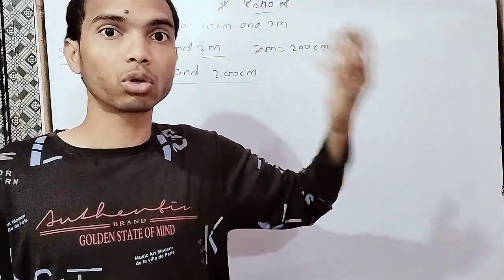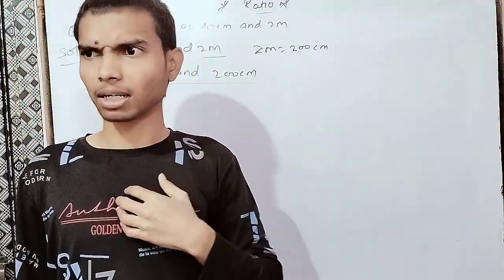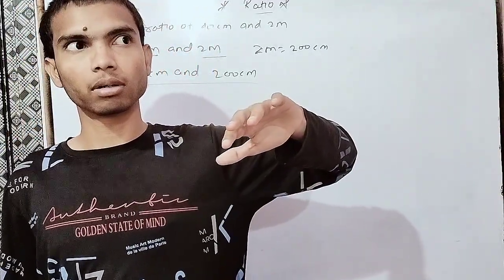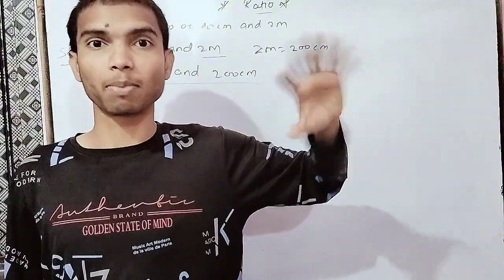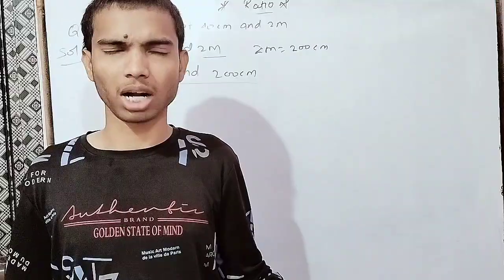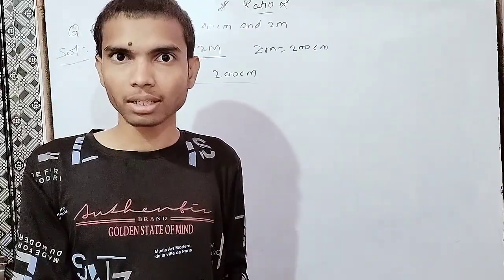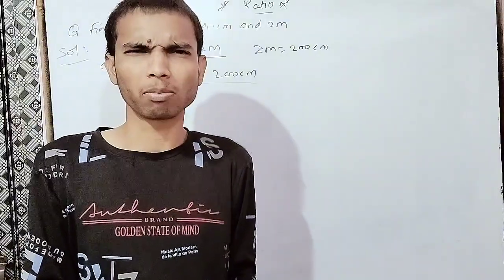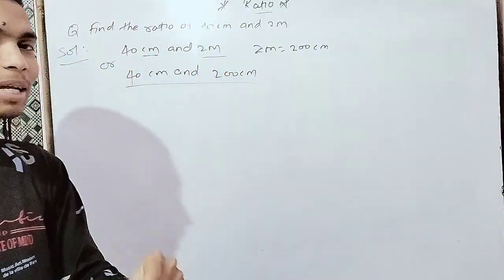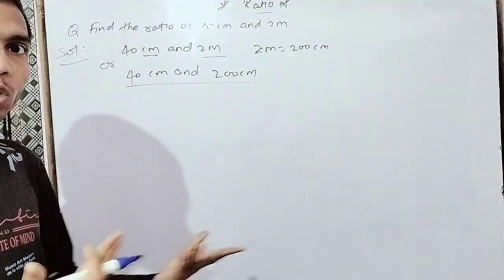If your mind is saying that yes, this can be simplified, good. But if your mind is saying no, I don't have any idea to simplify it further, then there is a lack of knowledge, a lack of basics, a lack of observation. So I'm telling you, you need to observe whether it can be simplified further or not.